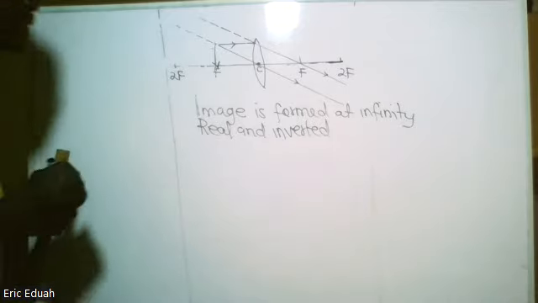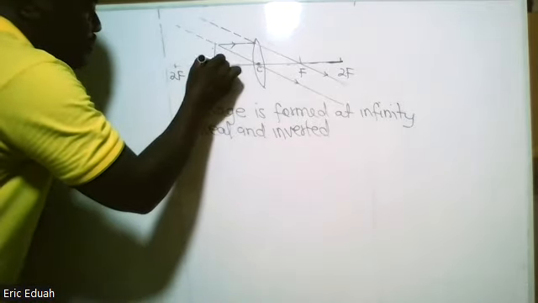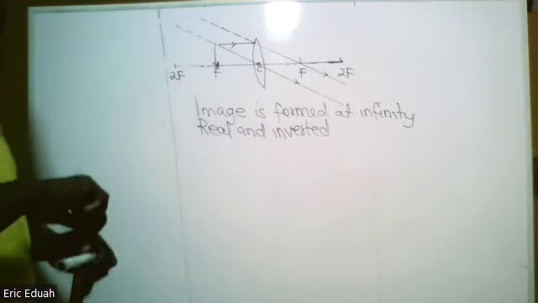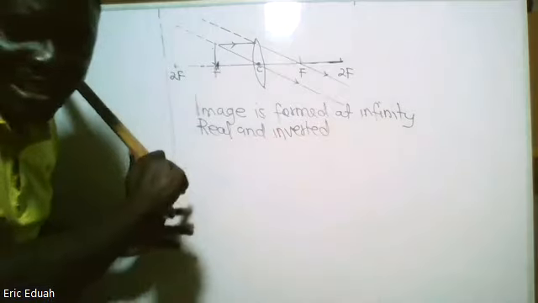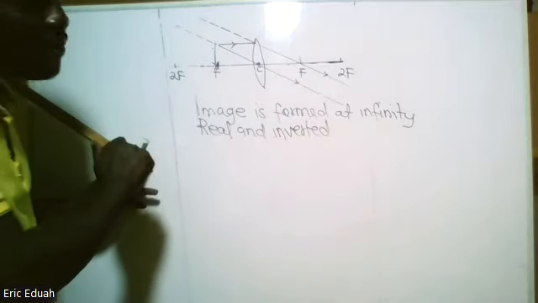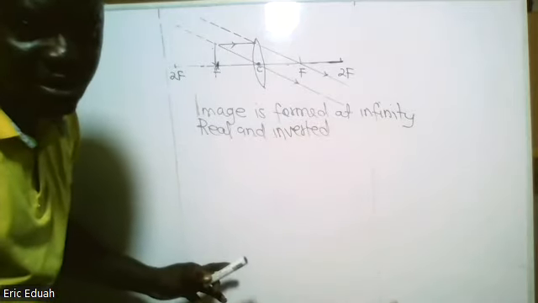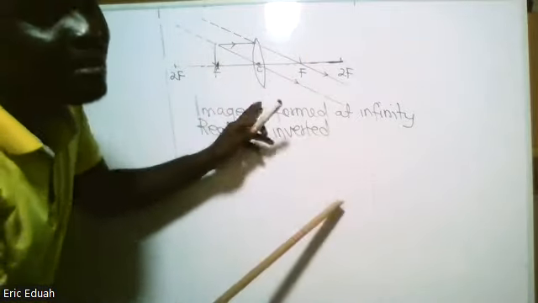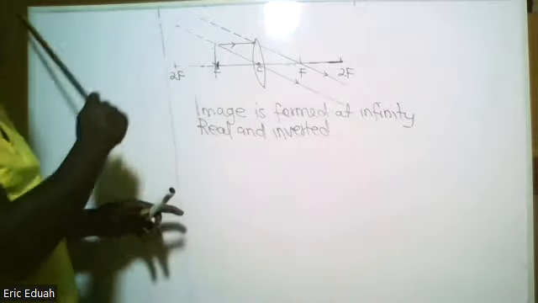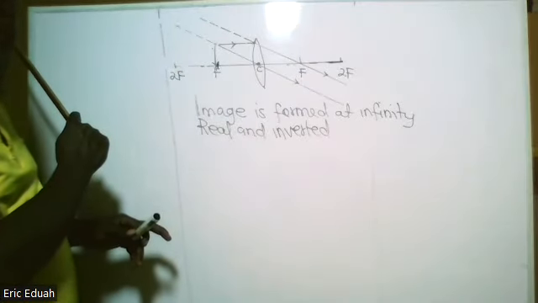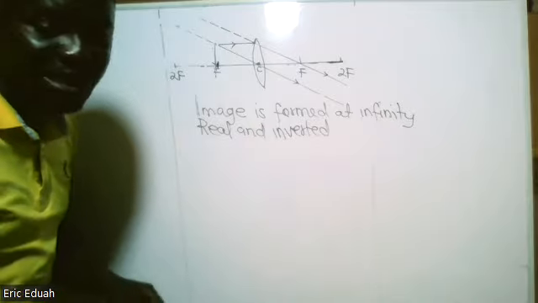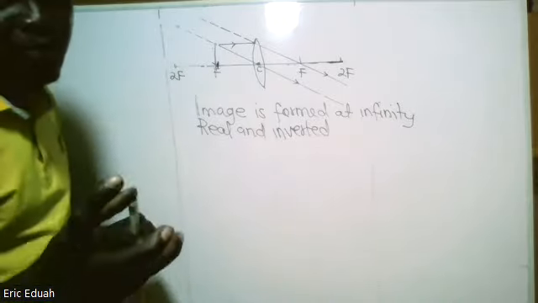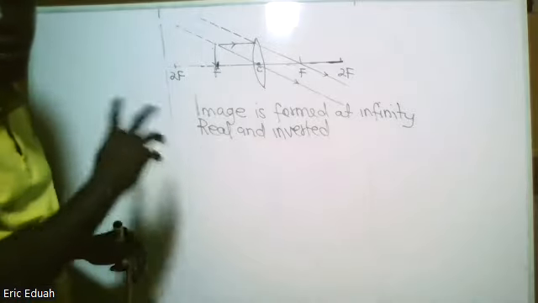All inverted images are real. So it follows that when the object is at infinity, the image is formed at the principal focus. When the object is at the principal focus, the image is formed at infinity. When we look at optical instruments, you understand better. The optical telescope is one of the optical instruments.